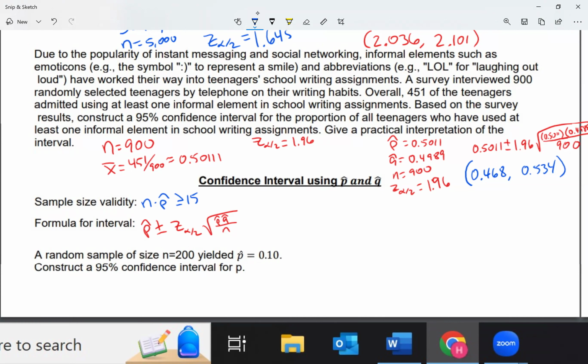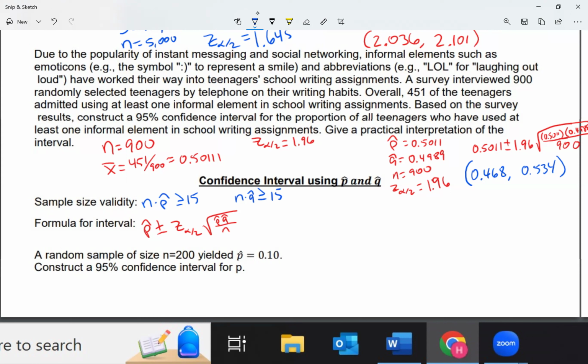Not only n times p hat, I also have to go n times q hat, which has to be more or equal to 15. So n times p hat and n times q hat both have to be greater or equal to 15. If you tried it in our previous example, it does work. So we're good to go.